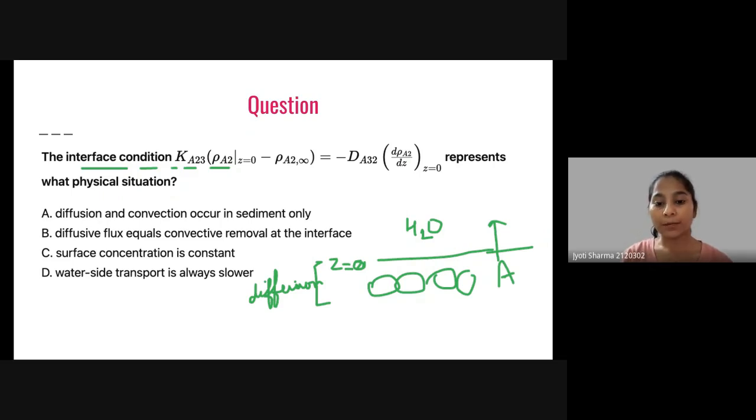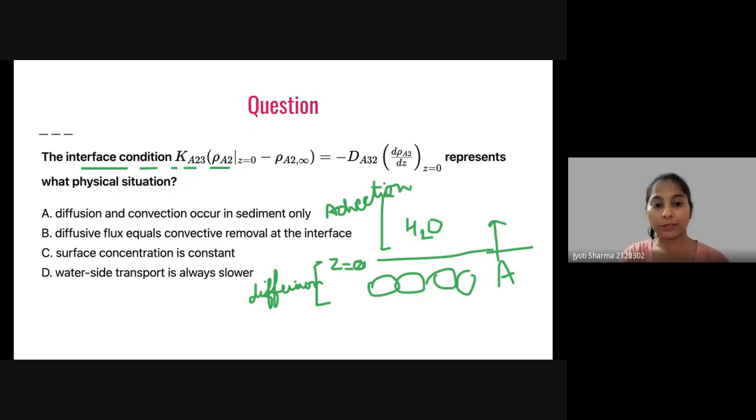But if it crosses the interface, the movement of A will be due to advection.